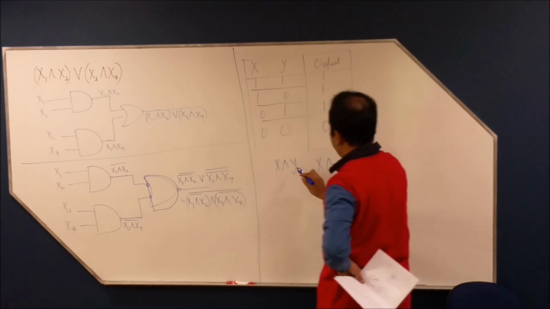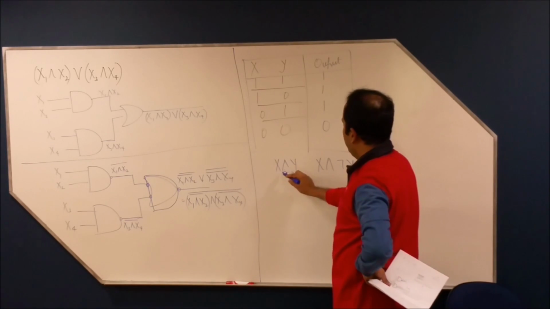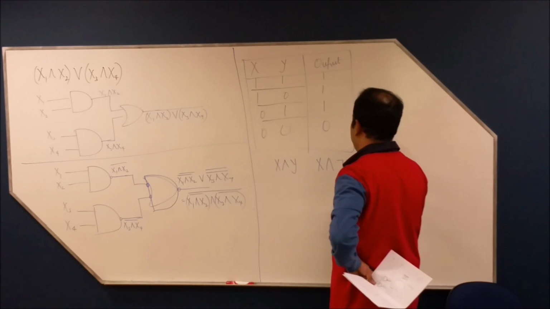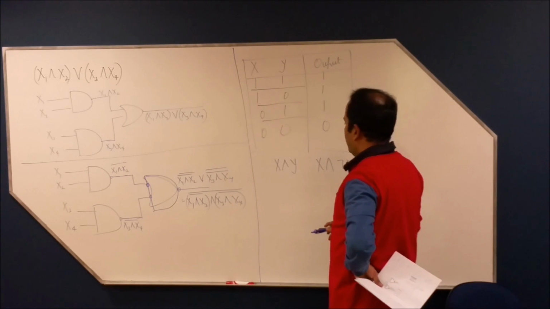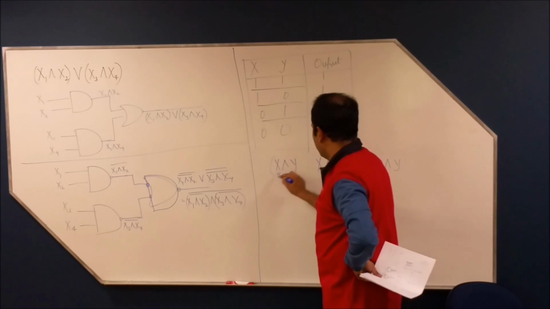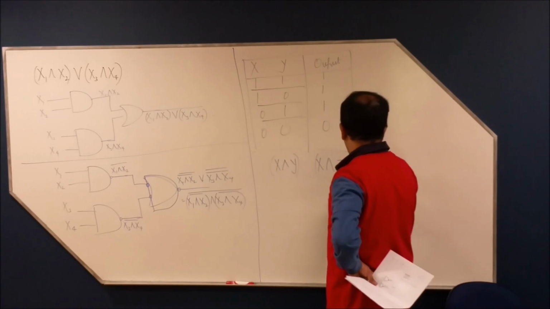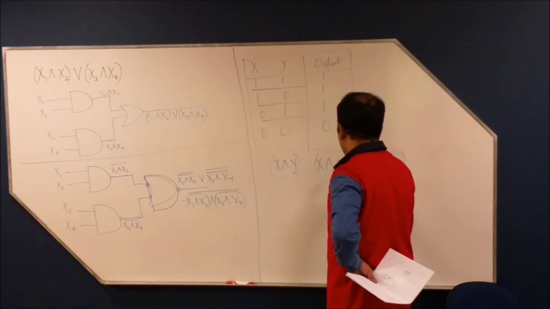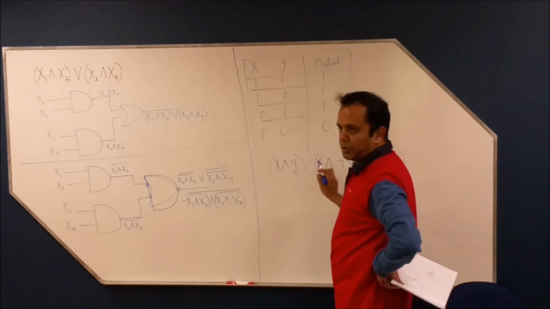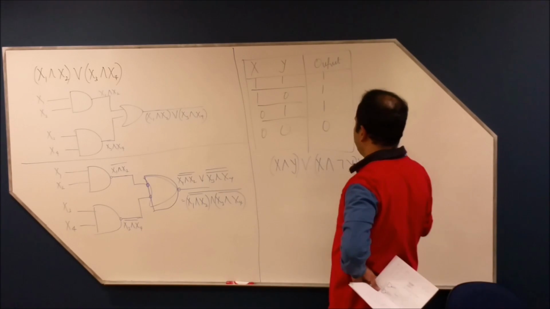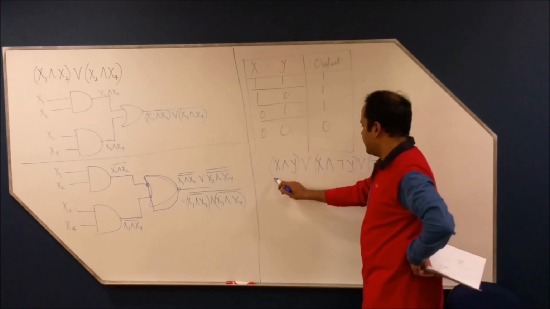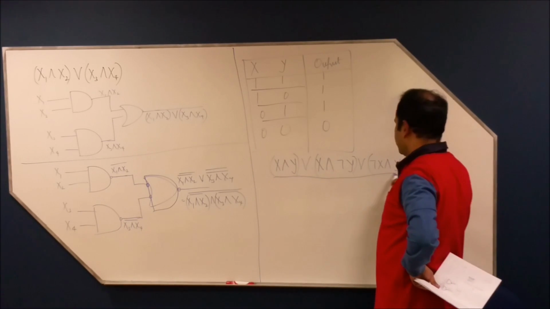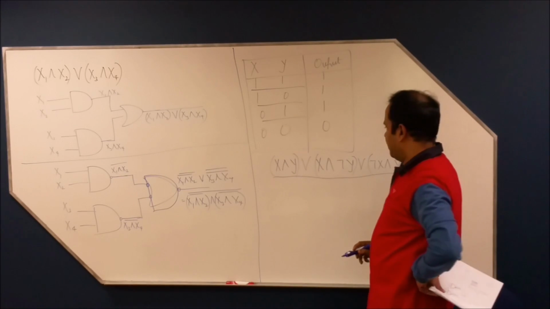All of these expressions realize the 1 here, and clearly we are looking to OR all of these expressions because any one of them could be equal to 1. So we need to realize this given expression.